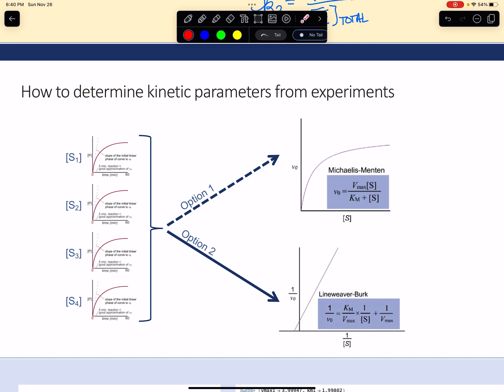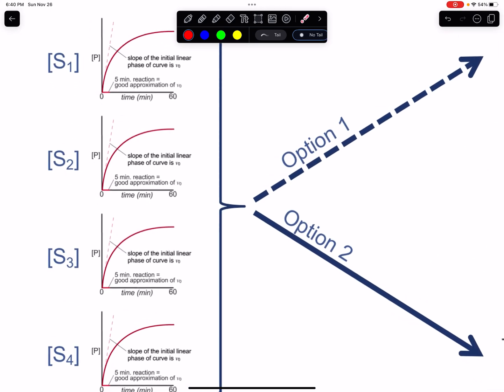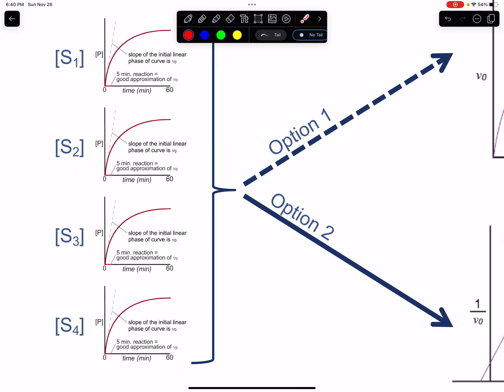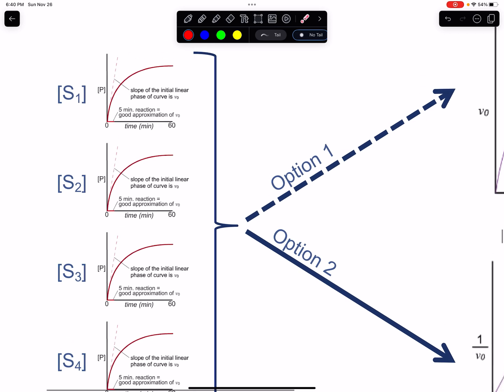So when you do an individual experiment, what you're going to be measuring is product concentration versus time. Maybe it's in minutes, maybe it's in seconds. Okay. So if we were to look at this till we ran out of substrate, what we would see is an increase in product, and then eventually it would start to level off as we ran out of substrate, okay?